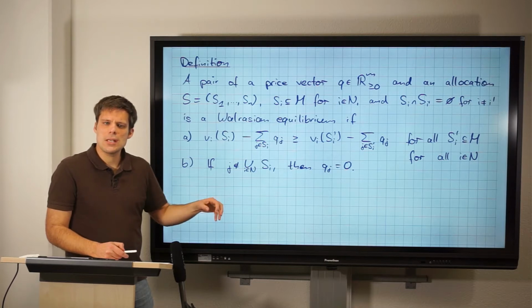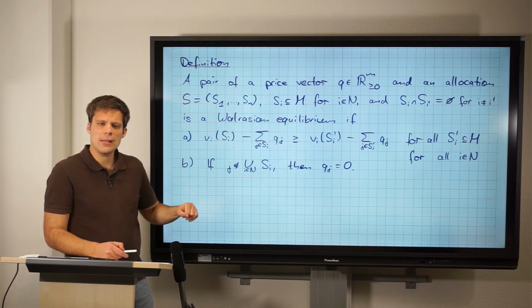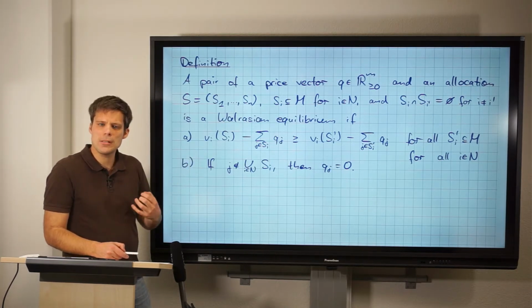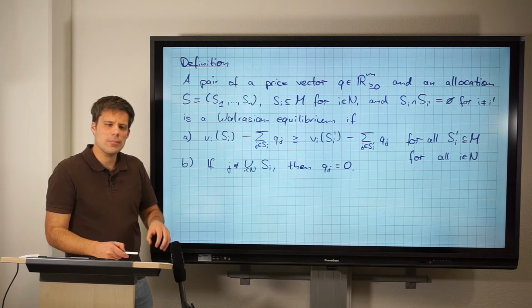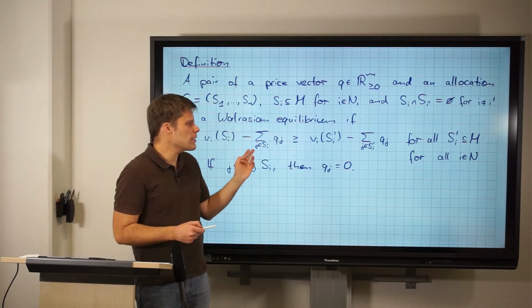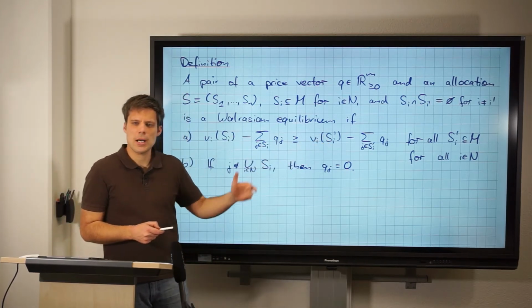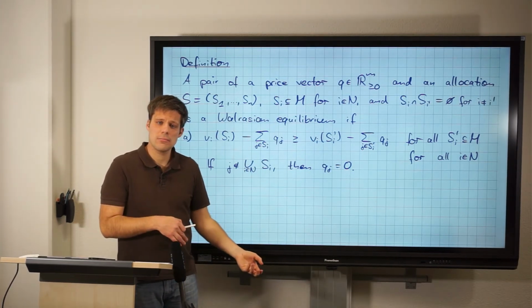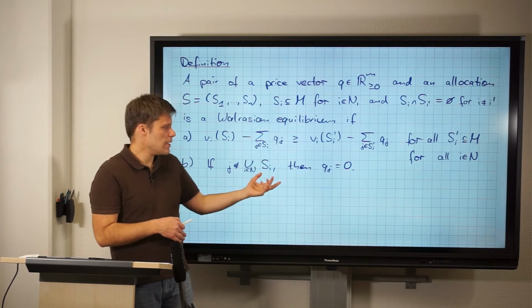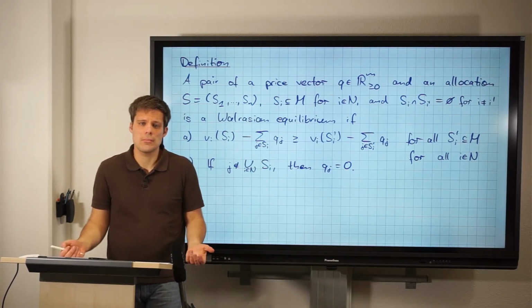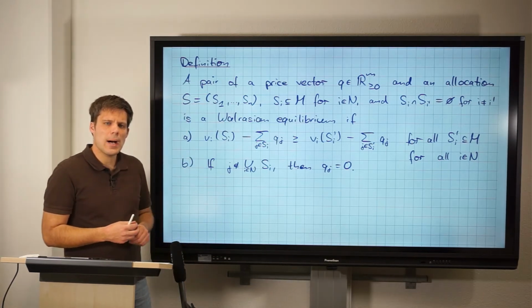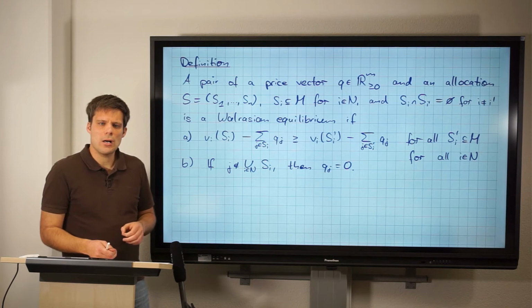If there is an unallocated item, then I shouldn't be made happier by being given this item on top, because I could, for example, include in Si prime everything that I'm getting so far and everything that is not allocated. Then I would still pay the same, and this should make me happier. So this kind of means that items which are not allocated are worthless to some extent.